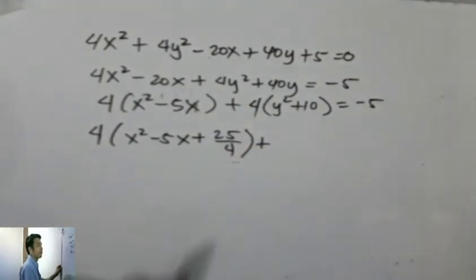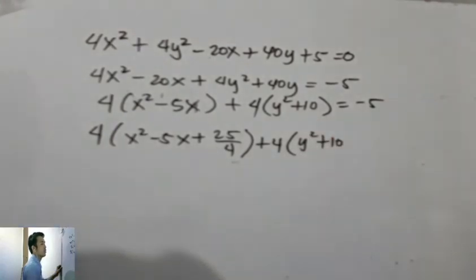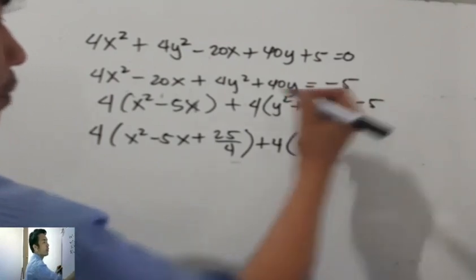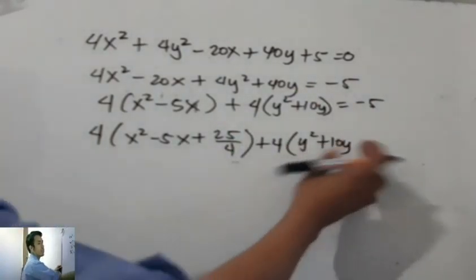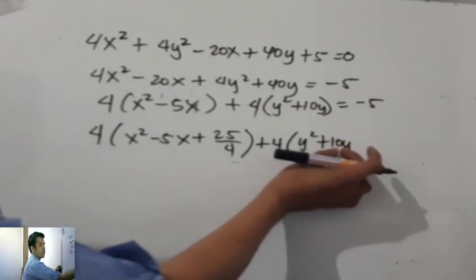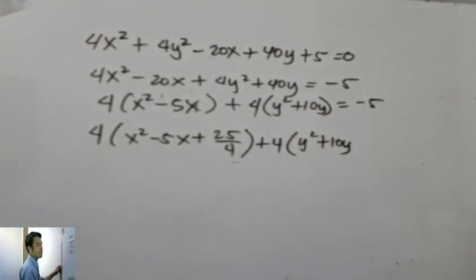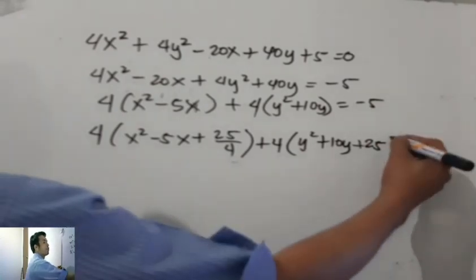Plus 4 times y squared plus 10y. To get the third term, take half of 10, which is 5, and squared, that is 25.